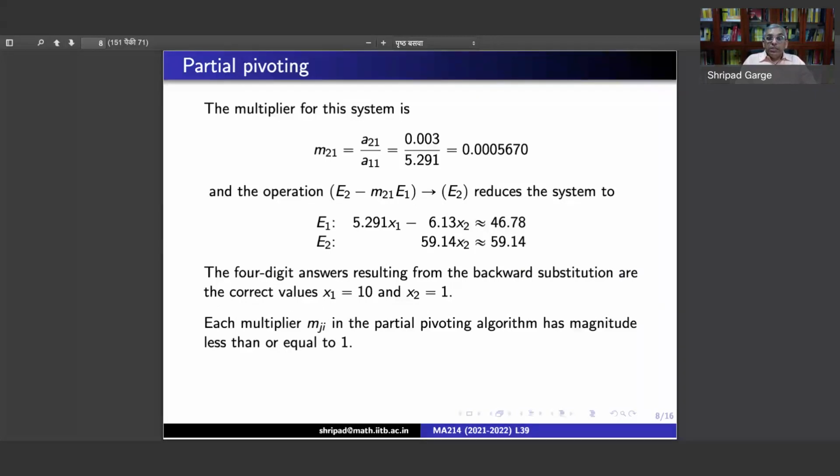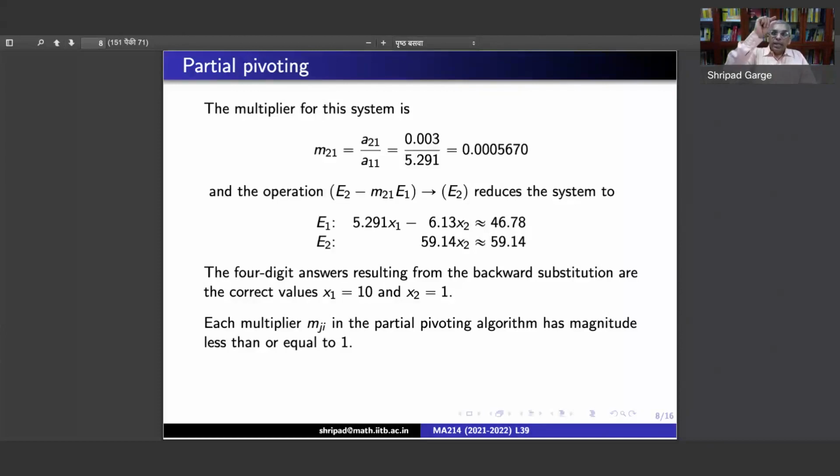So each multiplier in the partial pivoting algorithm will have magnitude less than or equal to 1. Because what we are doing is the following. We start with your matrix A and look at the first column. Instead of looking only at the pivot A11, we see which entry has the maximum magnitude, put that row in place of the first row and the first row in place of that row.